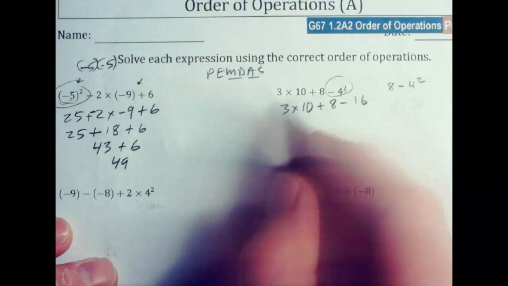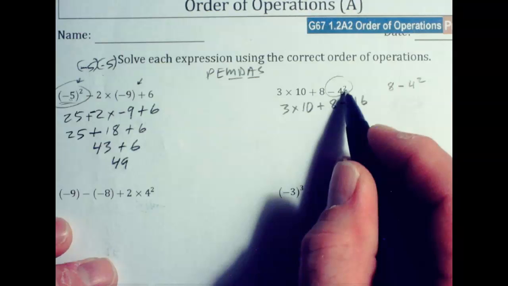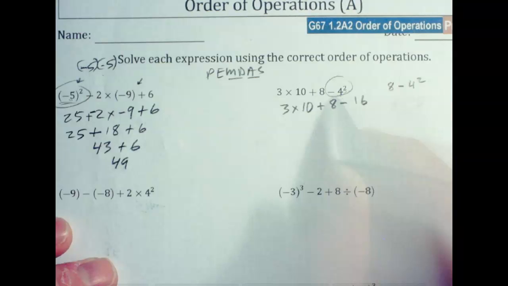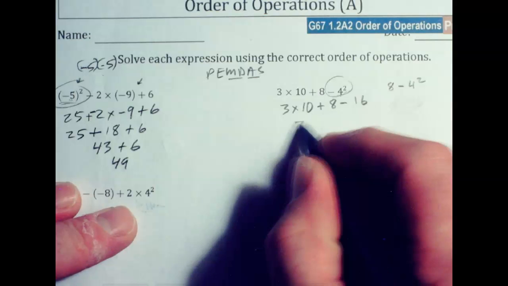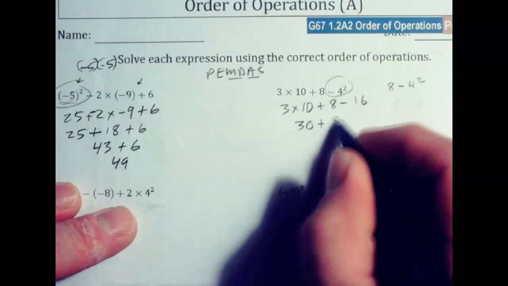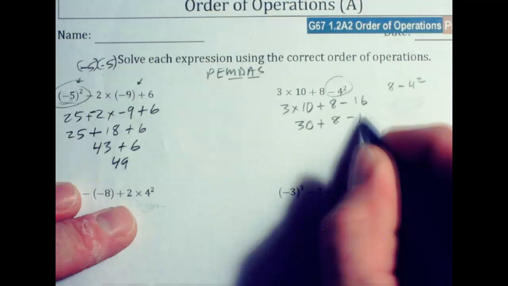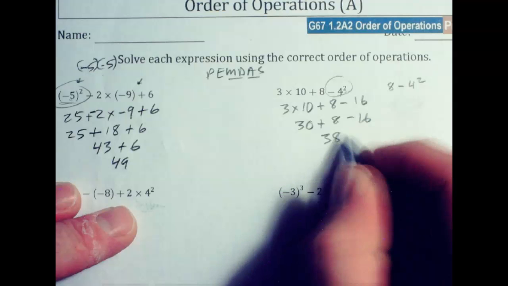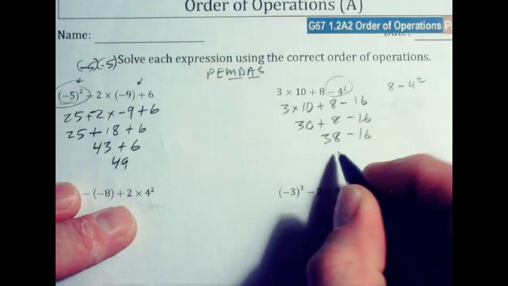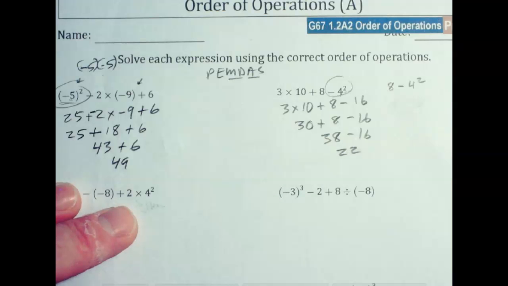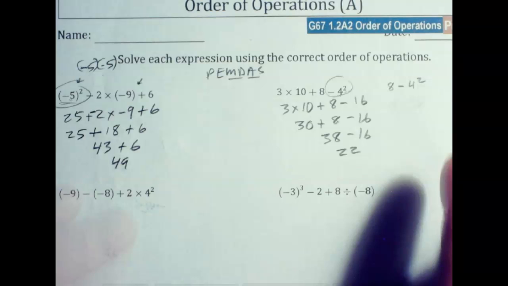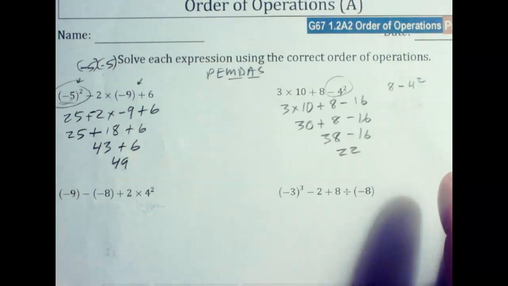Here we just do 4 squared, 16, and then we still have a negative. All right, so now I have to do the 3 times 10. That's next. That's multiplication. So we have 30 plus 8 minus 16, and then I've got 38 minus 16. To me, that looks like 22. Double check my math there. Yeah, that's good, 22.